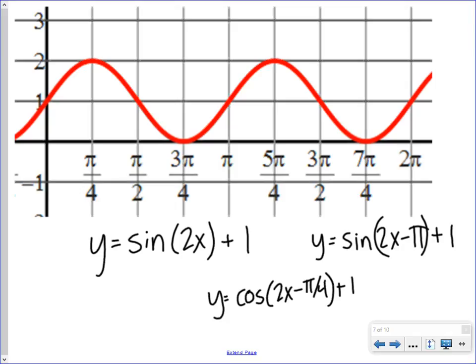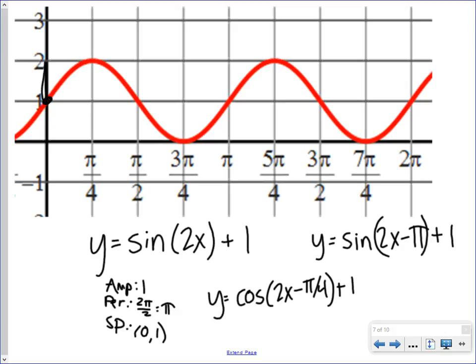Okay, so I'm going to check the first one, which I think is the most common one. So in this one, we're saying the amplitude is 1. We're saying the period here would be 2 pi divided by 2, which is pi. And we're saying the starting point would be at (0, 1). Okay, so in terms of what that would look like on the graph, my starting point is here at (0, 1).